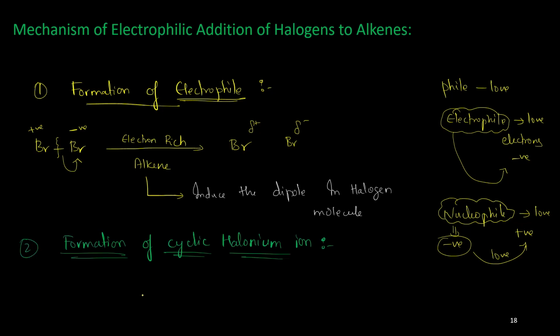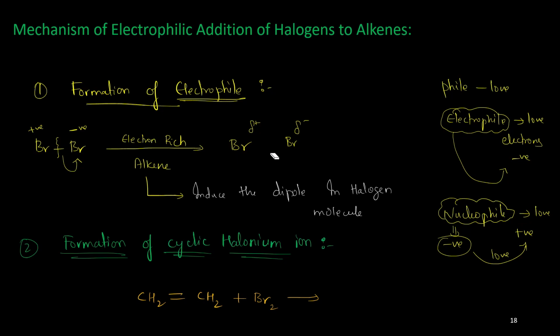So the meaning of formation of a cyclic halonium ion is, you take an alkene molecule, which is CH2 double bond CH2. When it comes close to the bromine molecule, what happened? It induced the dipole in this bromine molecule.